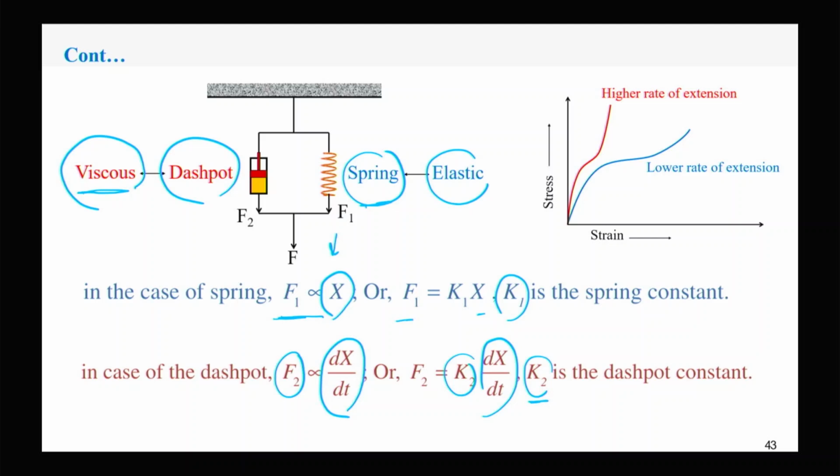Now we can see, if we increase the rate of extension, then due to the dash pot component, the material will impart more resistance.